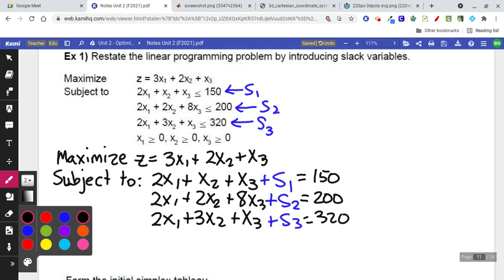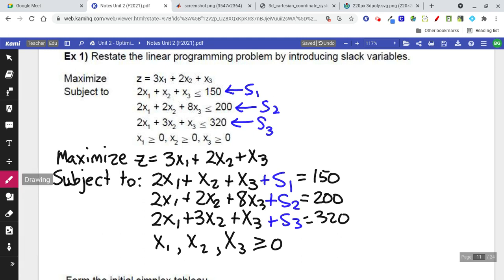And then you've got the last ones, x1, x2, x3. This is kind of just a shortcut. All 3 of those are greater than or equal to 0. So I just kind of shortcut the process and was lazy. But that's restating the problem by introducing slack variables.